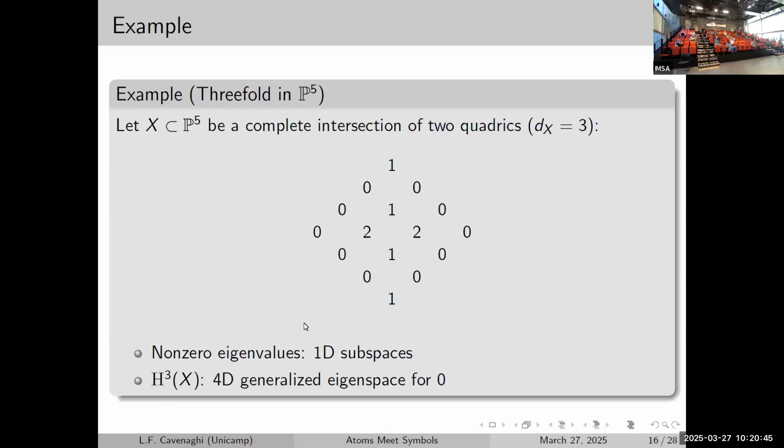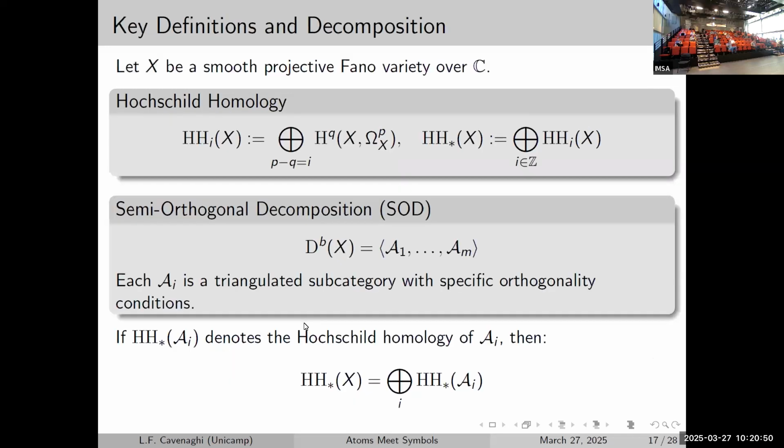What shall be needed is why there were perfect complexes and how this is related to these mysterious atoms. And to talk about this, we recall that if X is a smooth projective variety, we can define this Hodge homology. And if you consider, for instance, the category of bounded derived coherent sheaves, you have a similar orthogonal decomposition, and this is a statement that the Hodge homology of the derived category of coherent sheaves shall be related with the Hodge homology of the space, in the sense of Hodge.